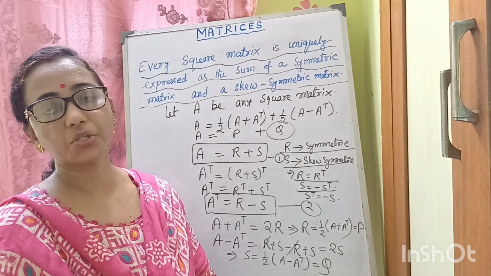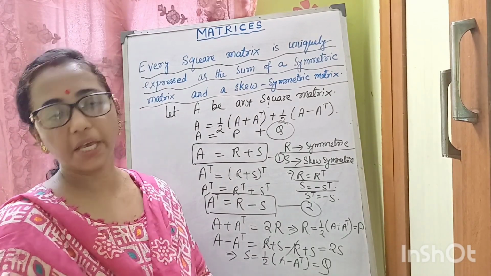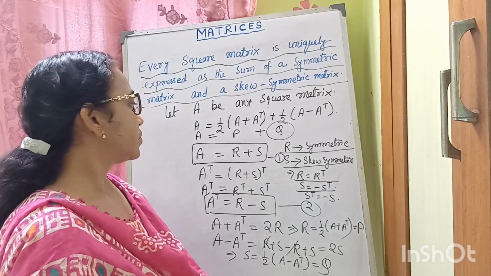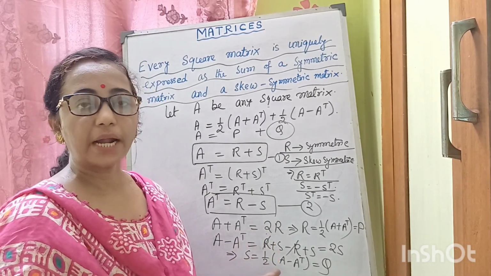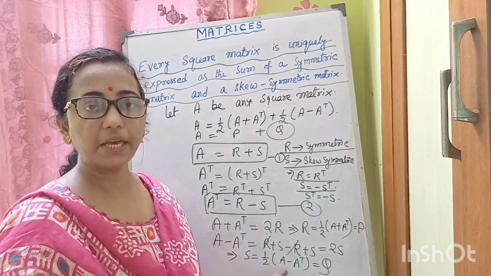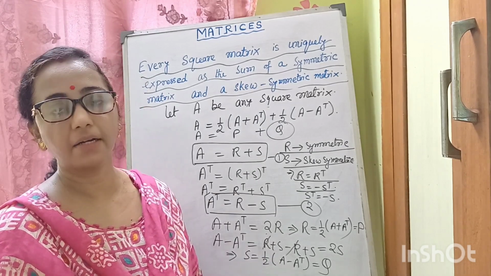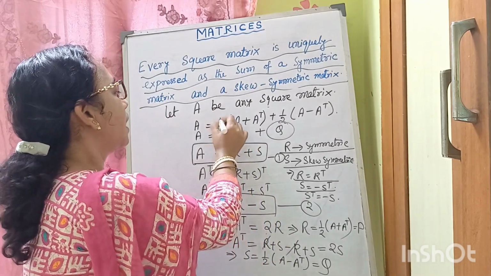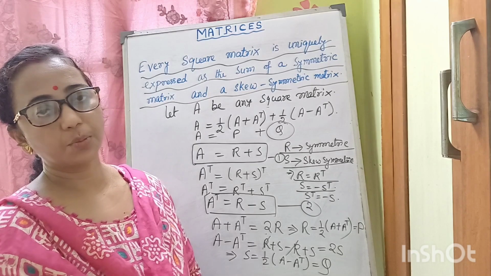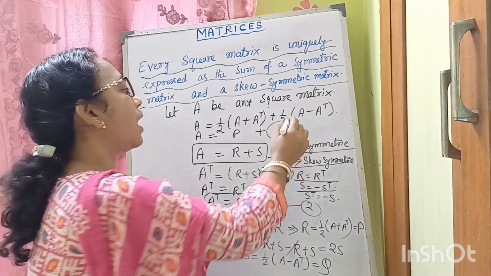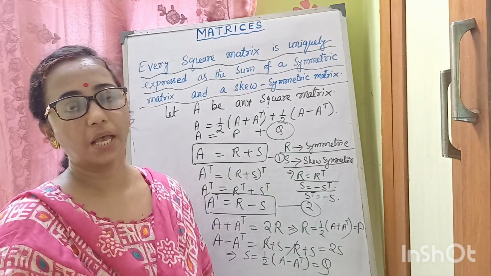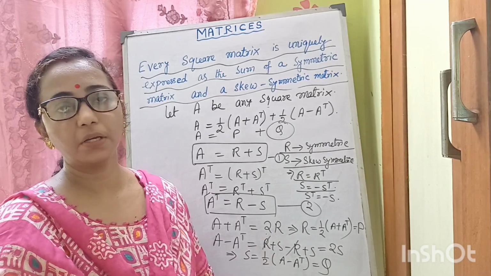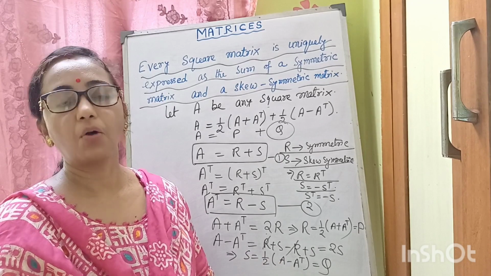So our assumption is wrong that a square matrix can be expressed as a sum of any other symmetric and skew-symmetric matrix. Every square matrix is uniquely expressed as a sum of a symmetric and a skew-symmetric matrix, given by half into A plus A transpose as the symmetric matrix and half into A minus A transpose as the skew-symmetric matrix. With the help of this property, we can do some questions in our next video.